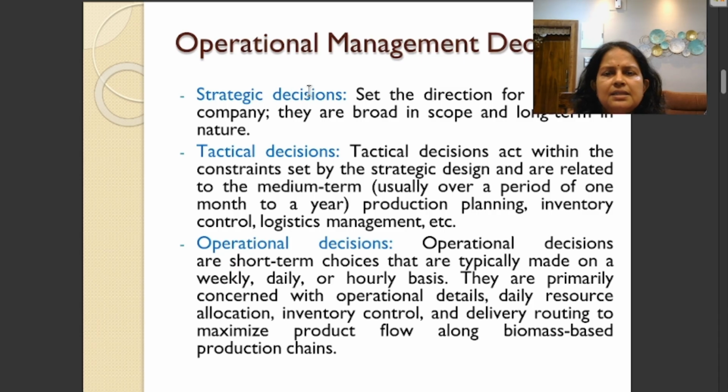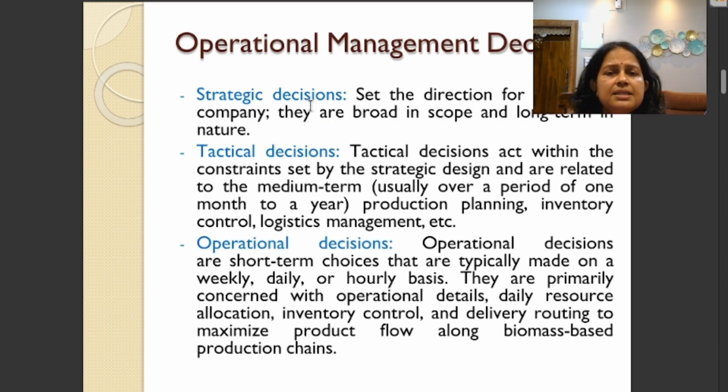This is called tactical or corporate level decision making. This is a medium-term planning. So when we plan about inventory management, when we plan about the production of the product, that is called tactical decision making.